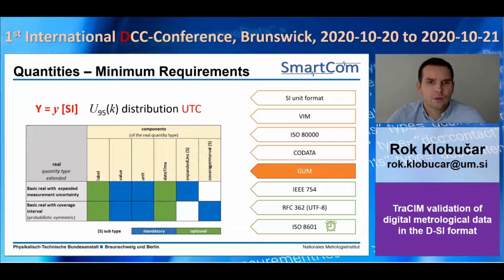Some are mandatory and some optional. For basic real with expanded measurement uncertainty, the mandatory ones are value, unit, and expanded uncertainty, and optional, the label and date time. For the basic real with coverage interval, mandatory are value, unit, and coverage interval, and optional, label and date time.